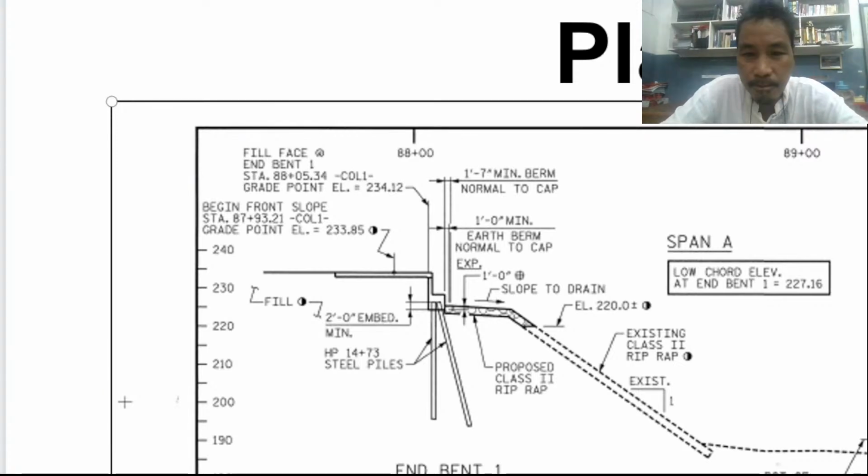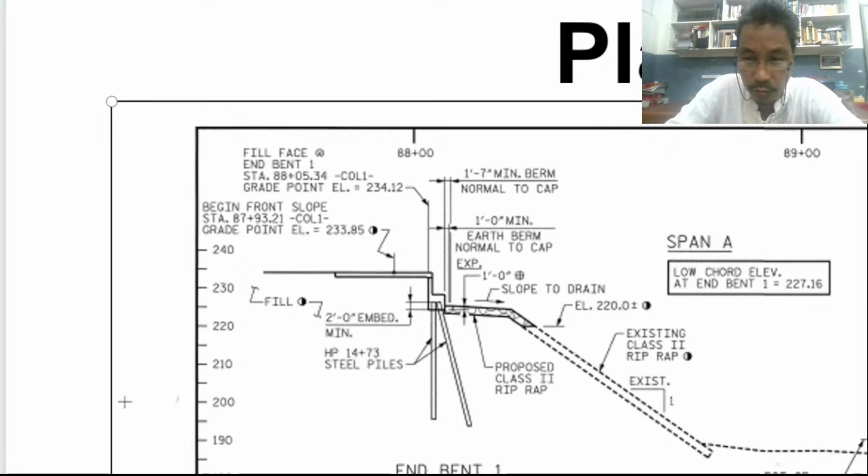Please state your answer on the comment box below. End bent. So there are two major classifications of end bent. That is individual, and the other one is joint.